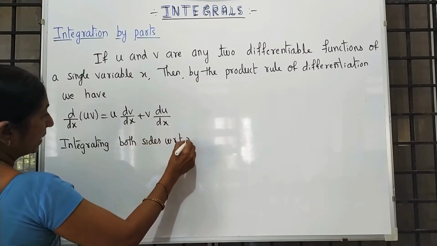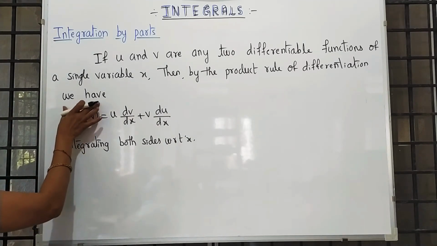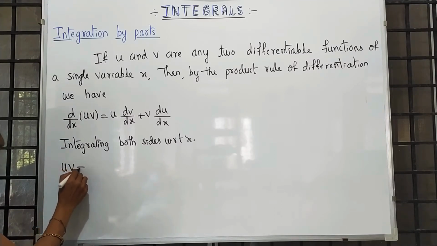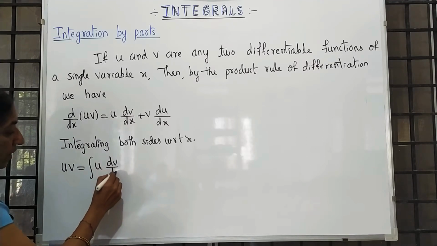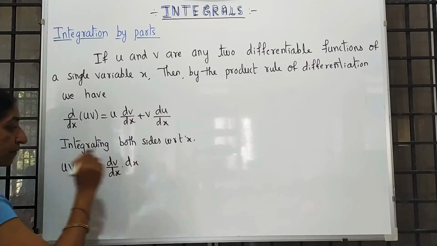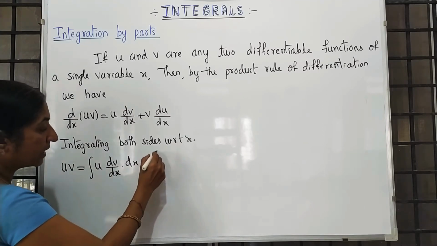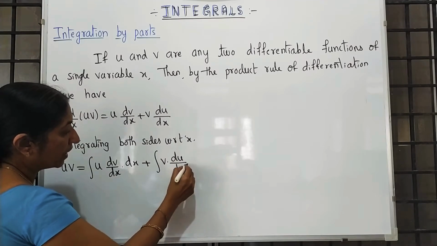And you are familiar, integration and differentiation are reverse processes to each other. So when you integrate, this d upon dx gets cancelled: u into v is equal to integration of u into dv upon dx into dx, because you are integrating with respect to x, plus integration of v into du upon dx into dx.